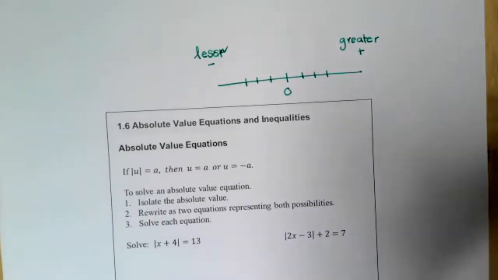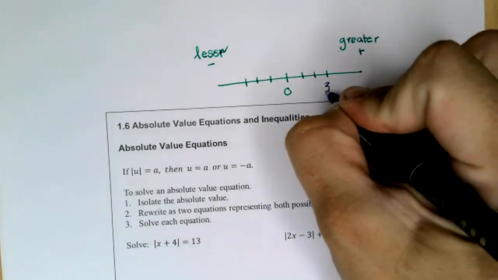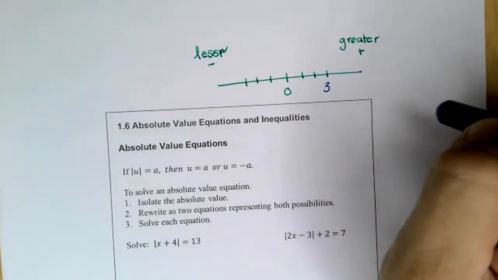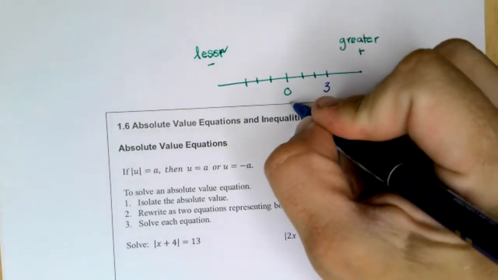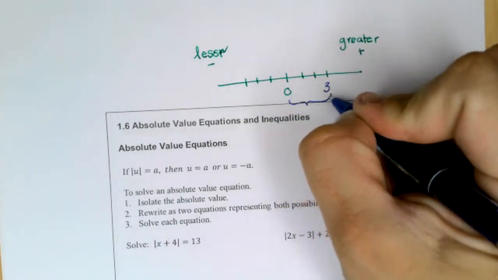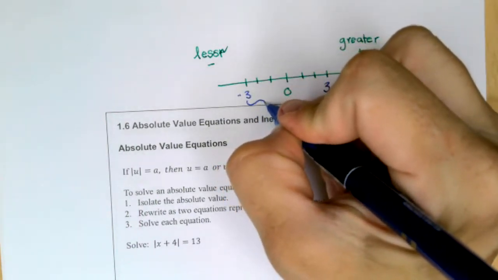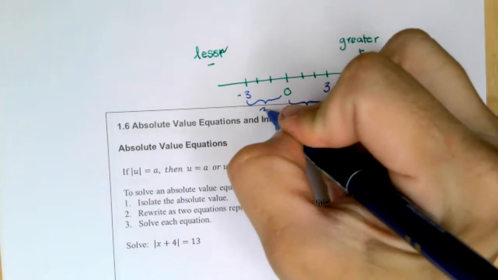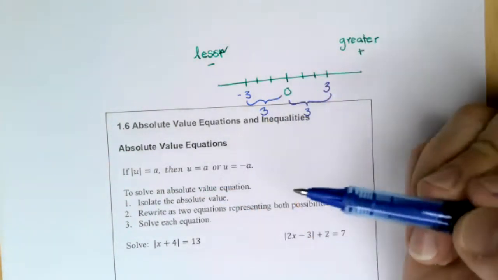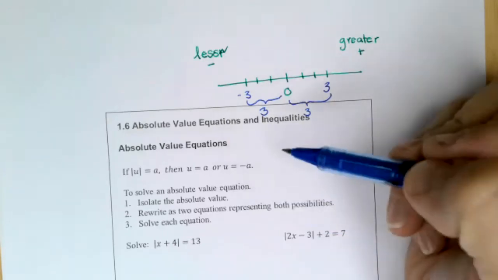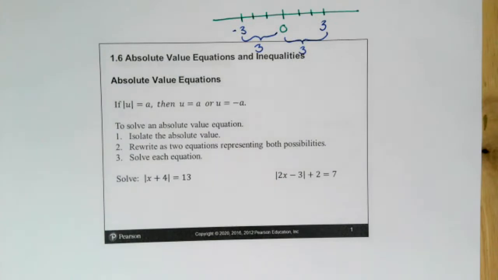So this is the number 3 on the number line. The distance between 0 and 3 is 3. Here's negative 3. The distance between negative 3 and 0 is also 3. So absolute value will always be greater than or equal to 0. It will never be a negative number.